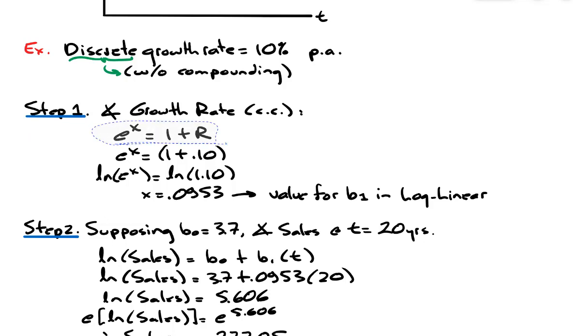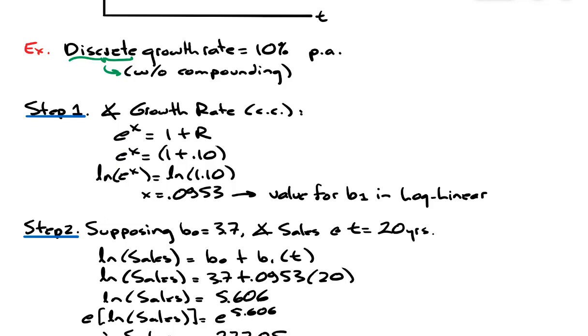You could see it's not a big deal, so I don't mind asking you to maybe just memorize that. There's not much to it. It's a little bit of calculus. So we plug in the discrete rate, and I'm just taking it step by step. So we get e to the x is equal to 1.1.